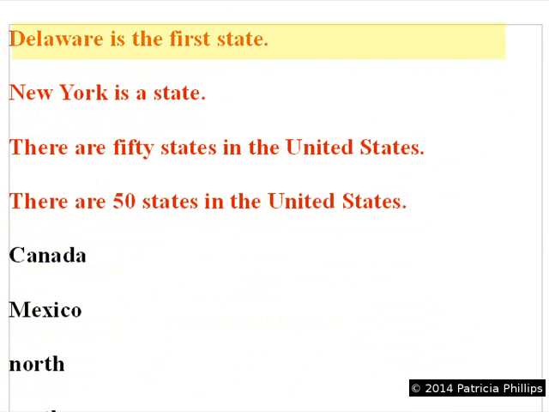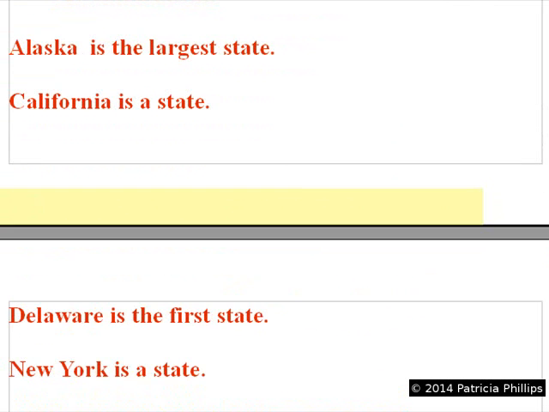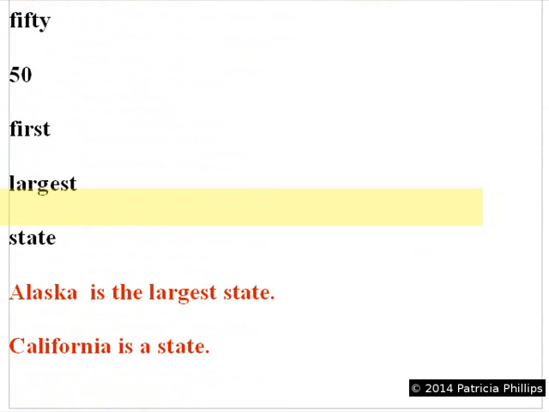Delaware is the first state. New York is a state. There are 50 states in the United States. Great job. Let's do these words and the sentences from the top.